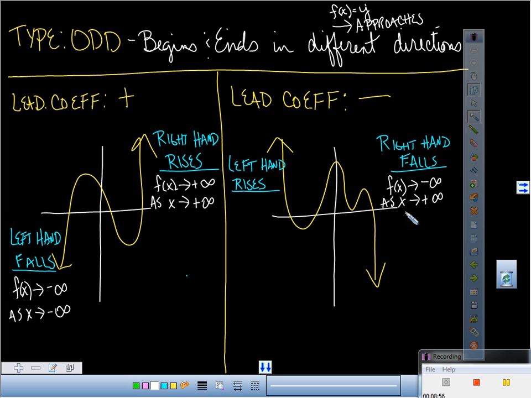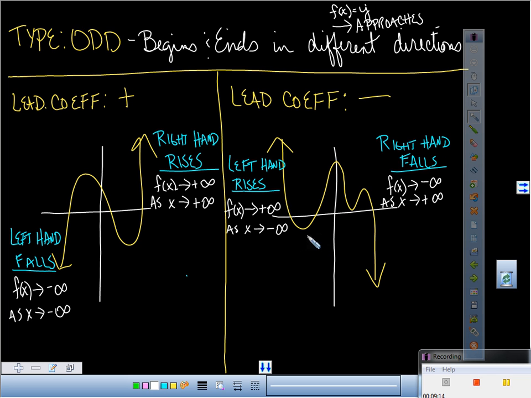The right-hand side of x is the positive infinity. Left hand. What's f of x approaching? As x approaches, perfect. All right, now that kind of makes sense, right?